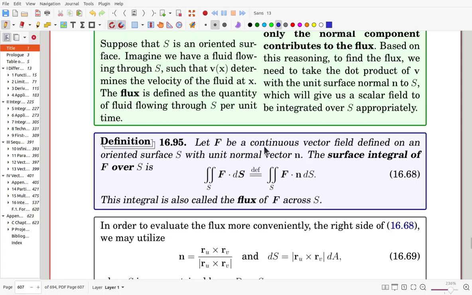The vector field is a continuous vector field defined on an oriented surface with a unit normal vector. The surface integral of the vector field over S is defined in this way. The integral is called the flux of F across S, so that we measure the quantity of fluid passing across the surface.